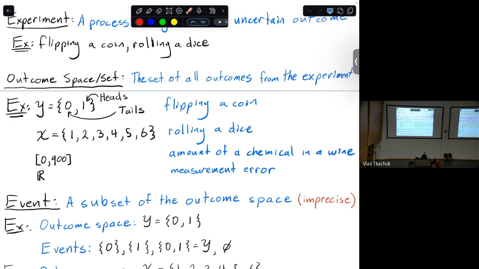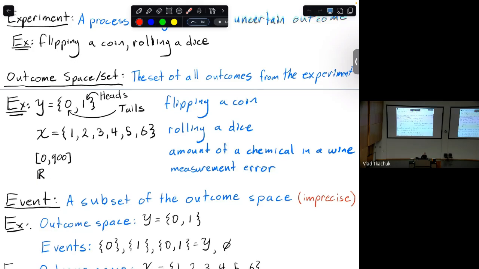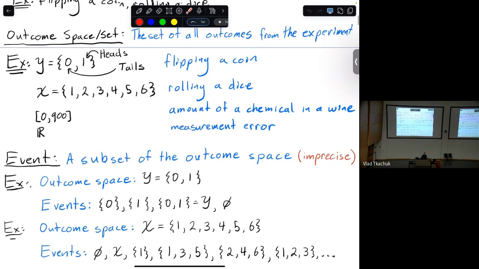Or other things you want to measure in science, like the volume or the weight of some object. There's going to be some sort of measurement error. You might notice that if you measure the same object over and over again on the exact same scale, there's going to be some error in the measurement, just because the scale is imprecise or maybe some other things are happening at the time. So, okay, these are all your possible outcomes.